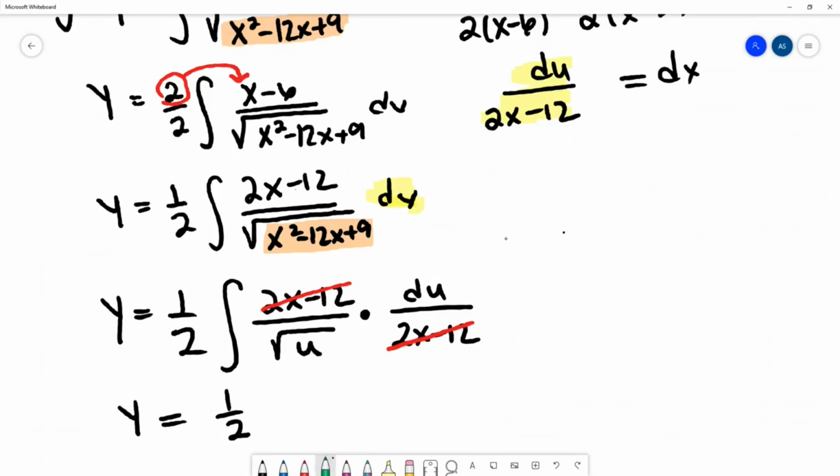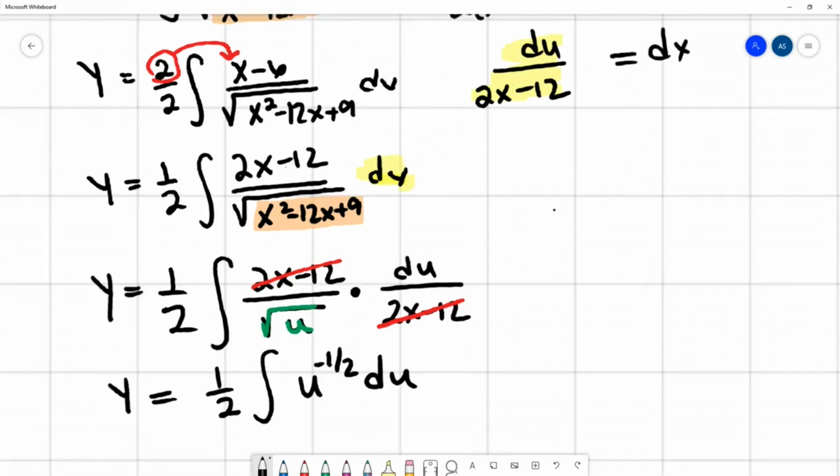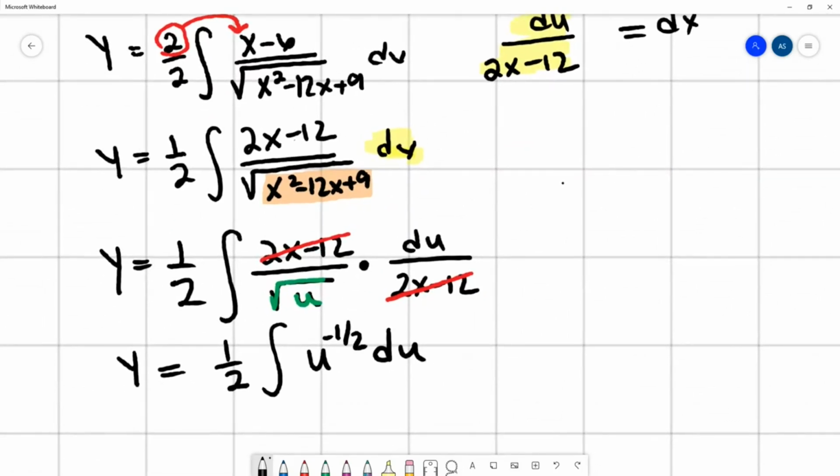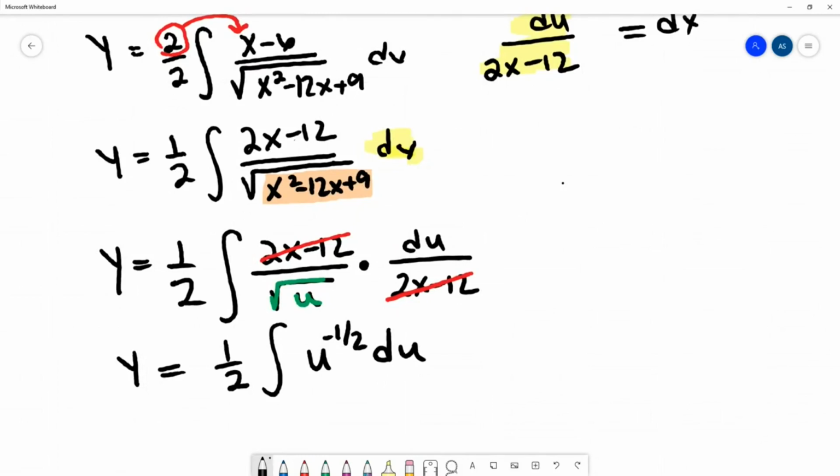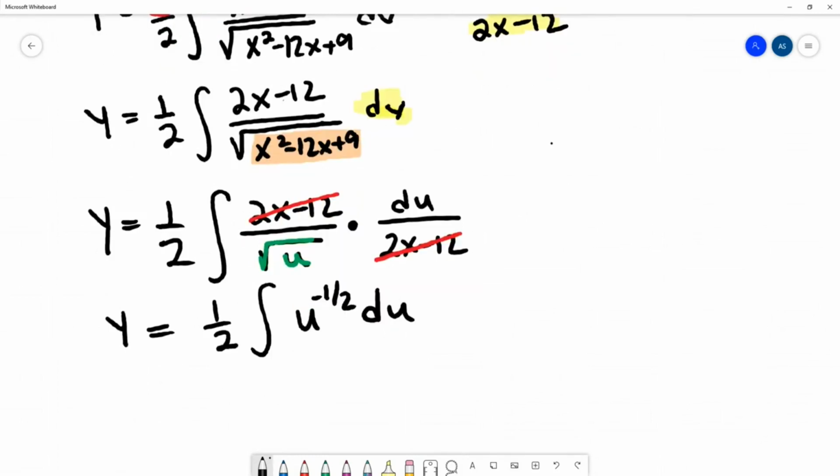I'm going to go ahead and rewrite the square root of u as u to the negative 1/2. Square root is the same thing as the 1/2 power, and it was in the denominator, so I'm moving it to the numerator. So now that I've made that substitution, it's very clear which antiderivative rule I should use.